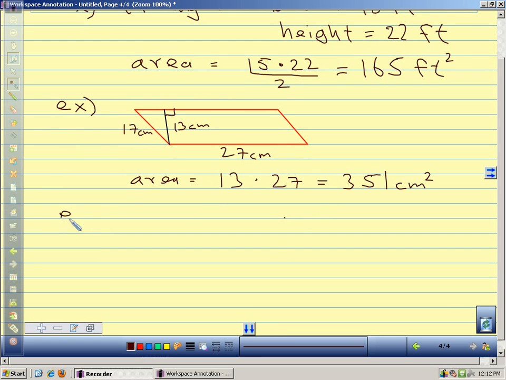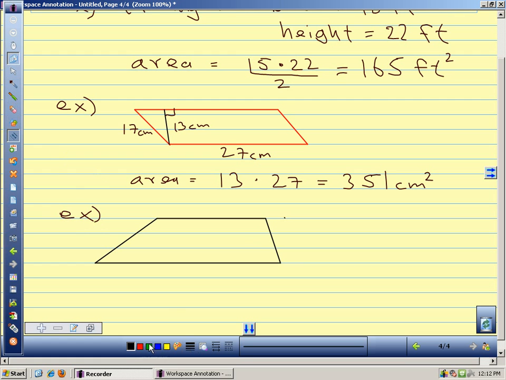Let's do an example with a trapezoid. This is another one where it's easy to confuse the side length with the height. So here's our trapezoid. And there's our right angle.